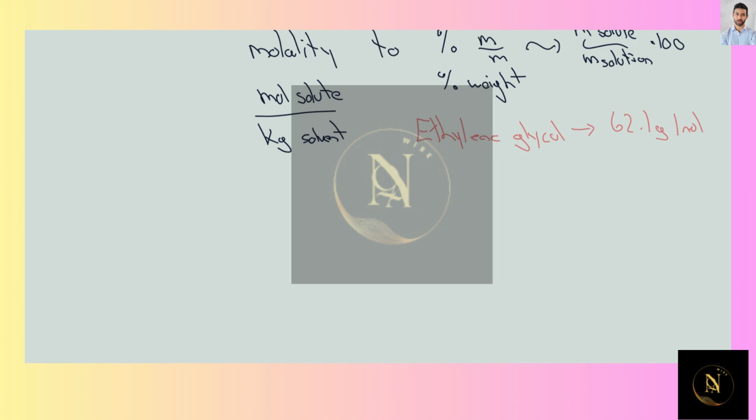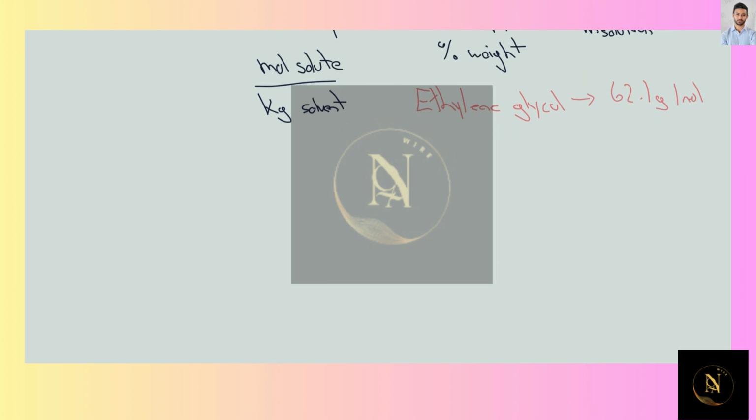Since we don't have that value, I'm going to employ a general value for molality, and with that, we're going to convert into percent mass. So just for simplicity, let's take that we're going to have an X molal solution of ethylene glycol. This is going to mean that we're going to have X moles of ethylene glycol per kilogram of solvent.